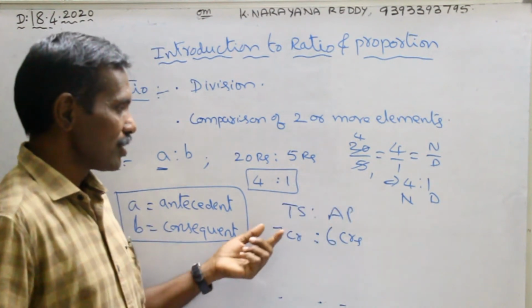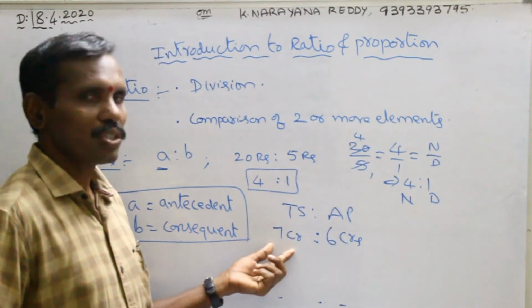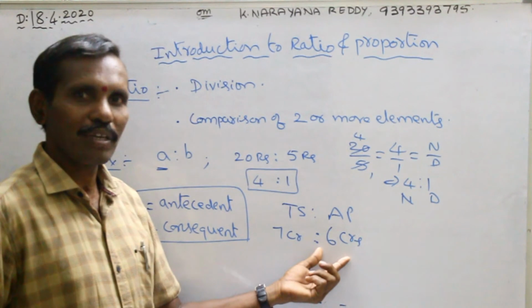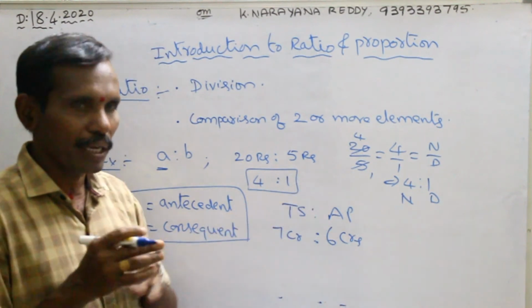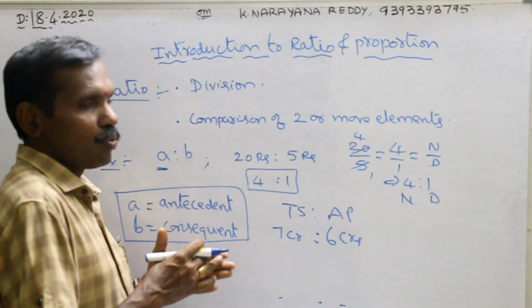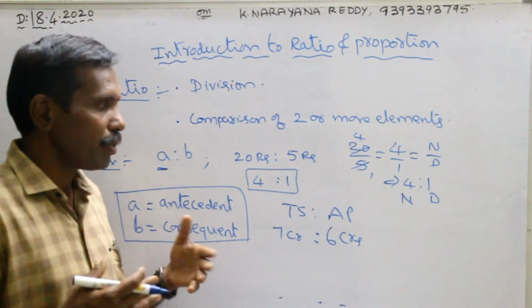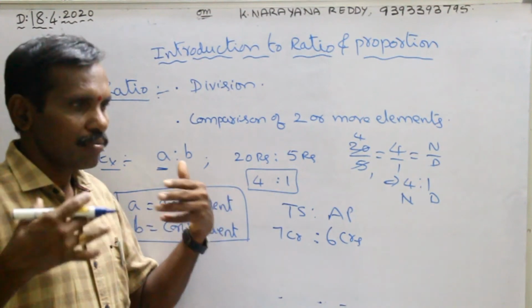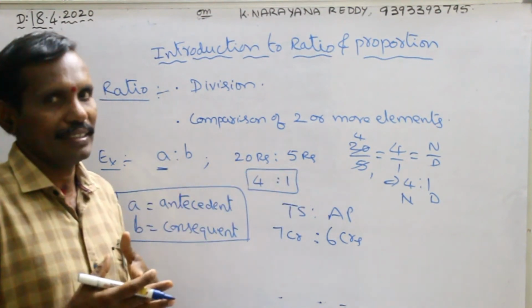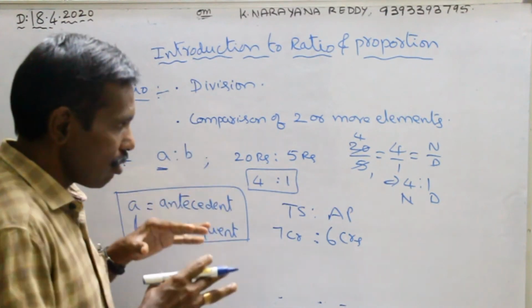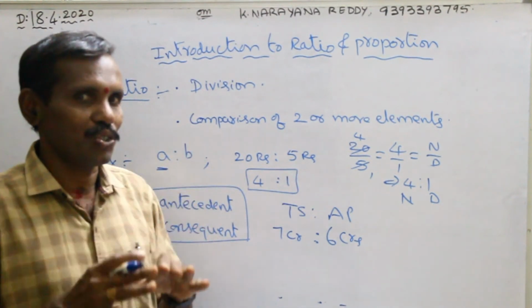Telangana state will have 7 crores and Andhra Pradesh will have 6 crores. Comparison, just we are comparing that stuff. So we are comparing the pupils, the investments, the incomes, whatever it may, profits, losses, whatever it is. So those come under ratio and proportion.